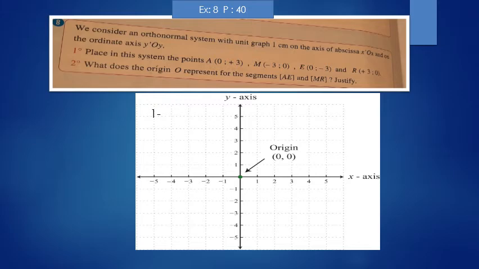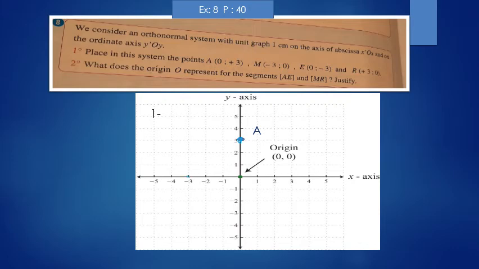downward. Okay, place in the system A(0, +3). Abscissa 0, ordinate plus 3, it means I have to go up 3 steps, so this is point A. M(-3, 0), the abscissa is minus 3. 0, it means that I shouldn't go up or down.